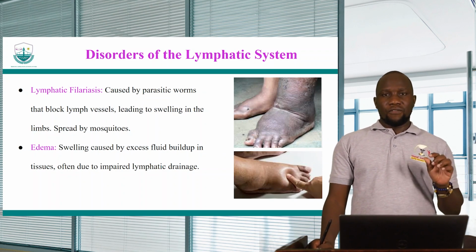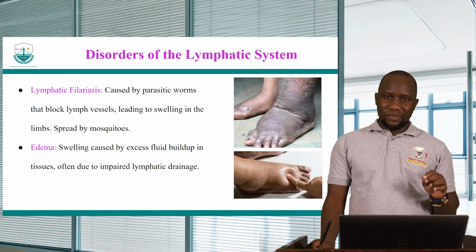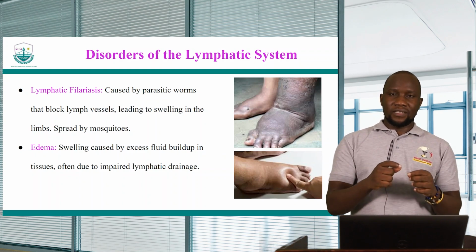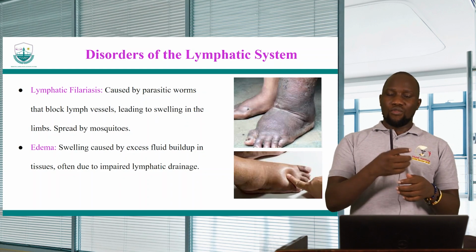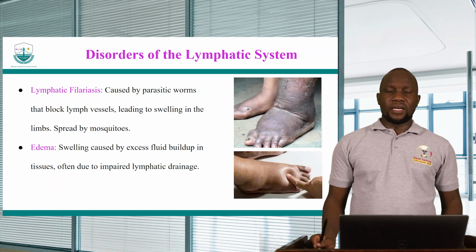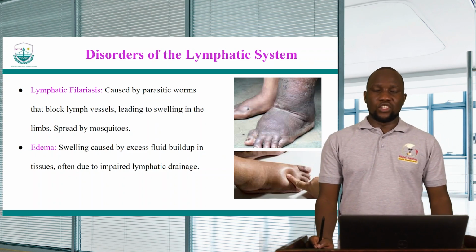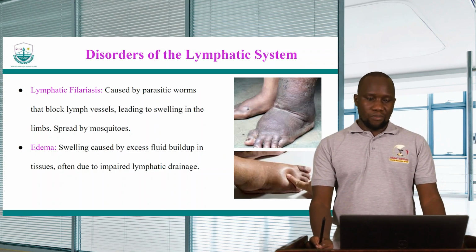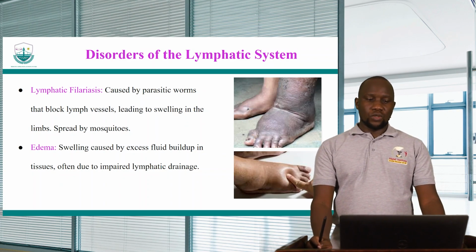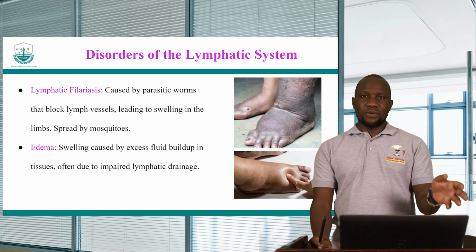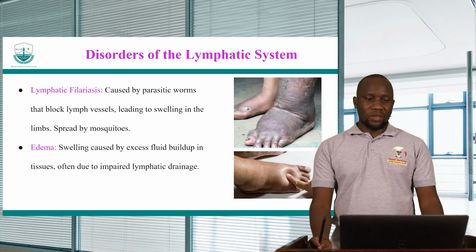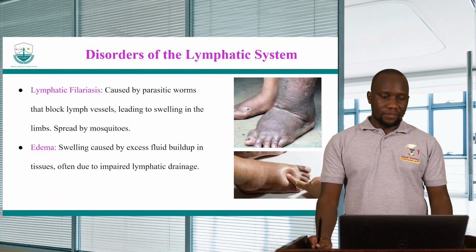If the lymphatic vessels are blocked, excess tissue fluid will not be drained away, and therefore you will have the legs swelling, just like what you see in the picture. This is caused by a special type of mosquito, the one that carries the disease-causing organism. So the mosquitoes are basically the vectors.